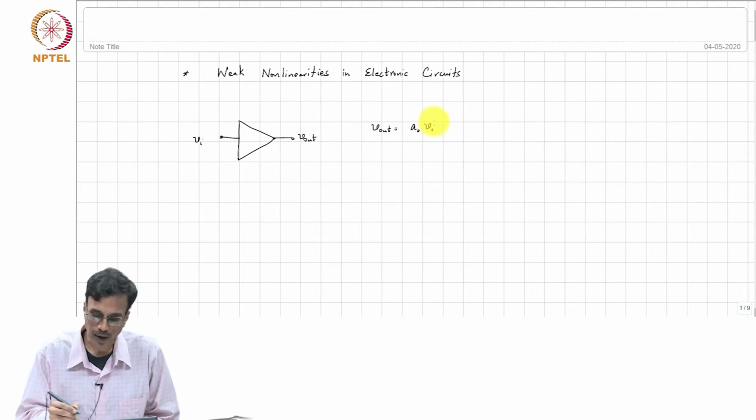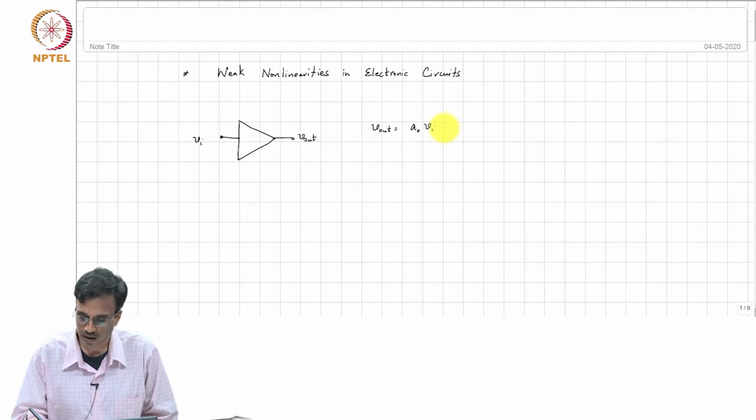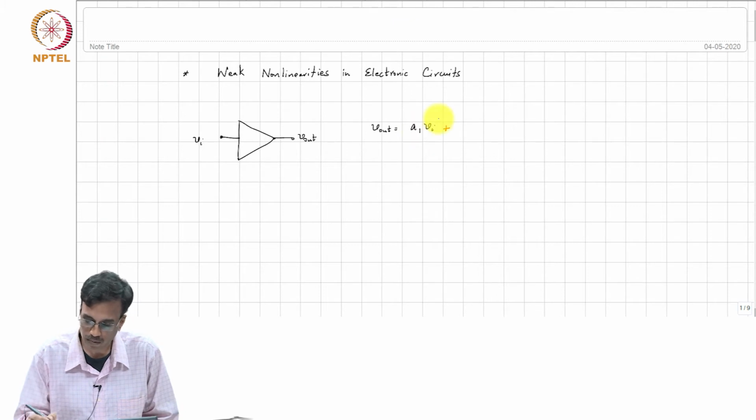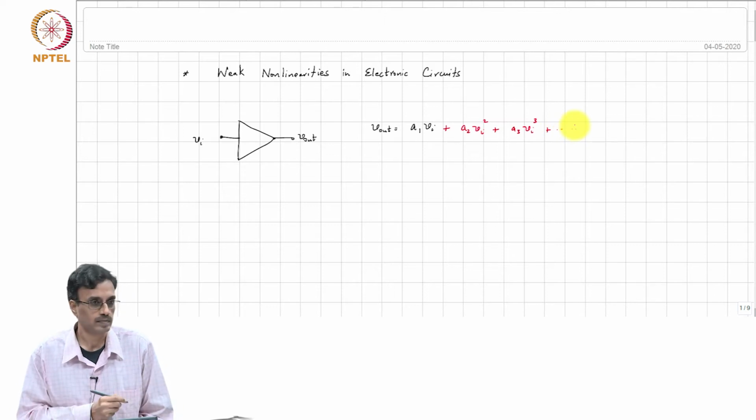In practice, however, there is going to be A1 Vi, sorry, let me make this A1 Vi, plus you will have A2 Vi square plus A3 Vi cube and so on.